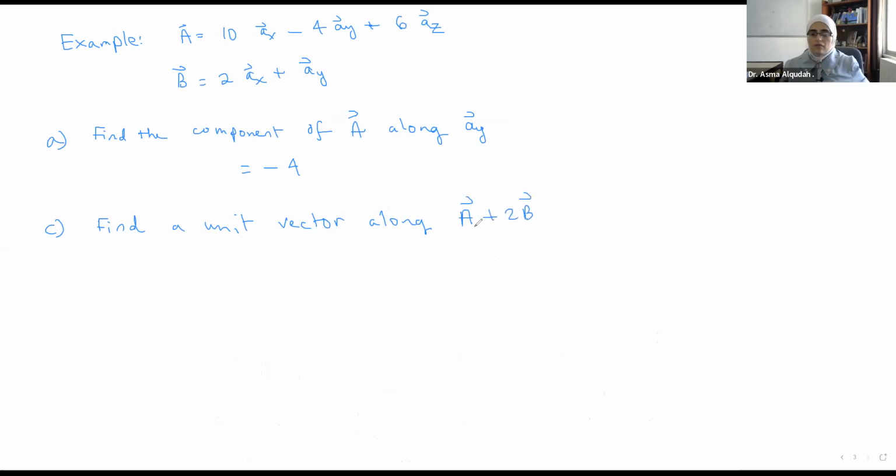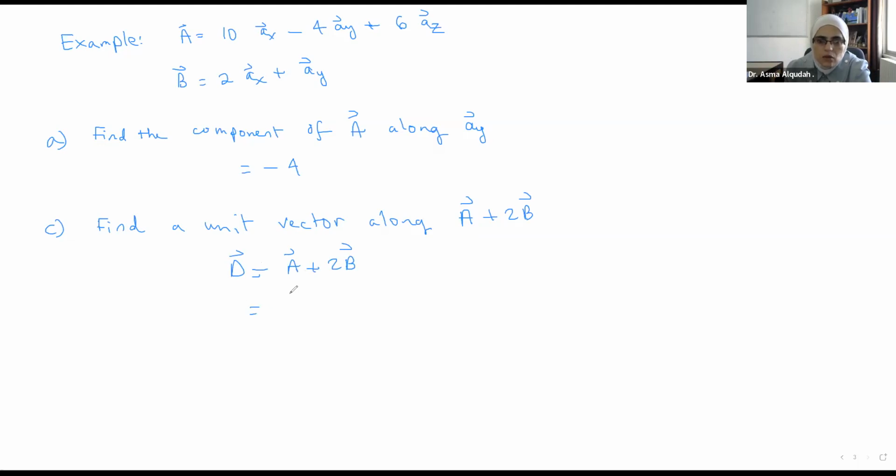So we have a summation of two vectors, a plus 2b, and we want to find the unit vector along this summation. So let's define a new vector d. d is equal to a plus 2b. Okay, let's find the value of d.